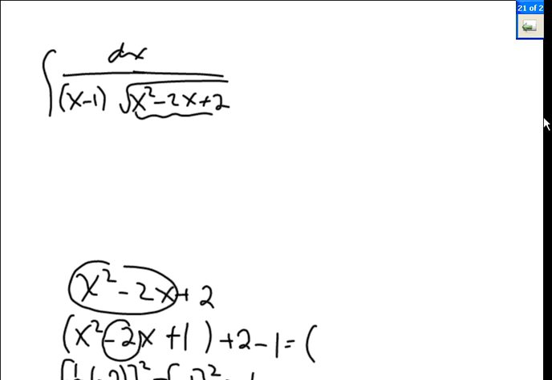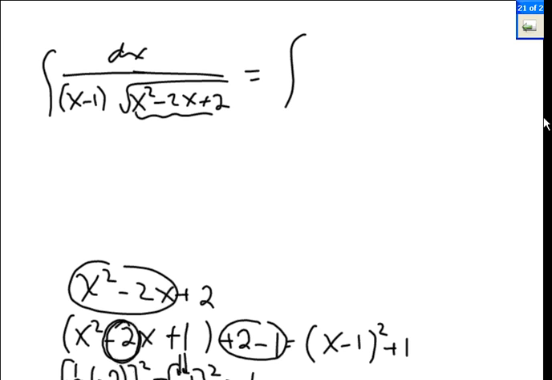Now what's in those brackets is now something squared. It's x followed by half of this number, negative 1, plus 2 minus 1 is plus 1. So this becomes the integral of dx over x minus 1 times the square root of x minus 1 squared plus 1.